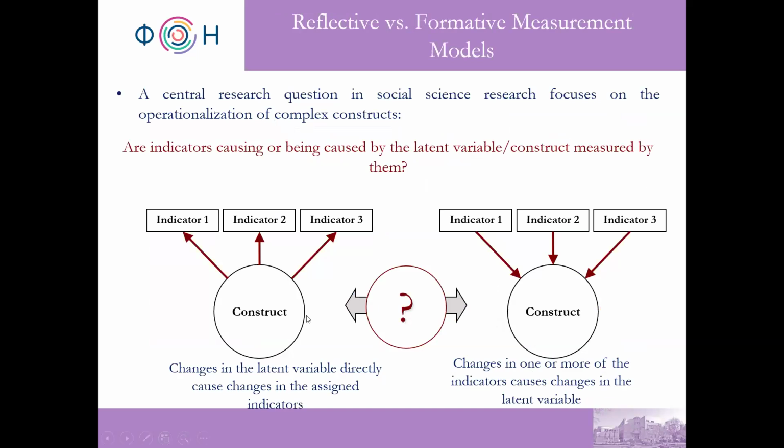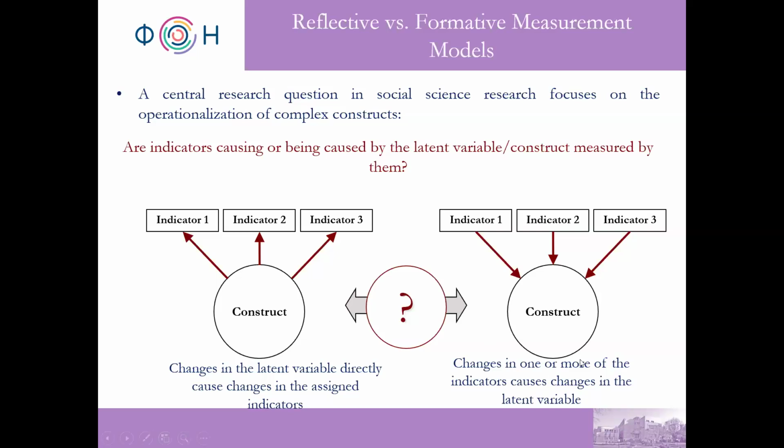We can see that there is a difference between the two. On the left part of the slide, we have a particular construct which has an impact on certain indicators. So changes in the latent variable directly cause changes in the assigned indicators. On the other hand, there is another situation where our indicators have an impact on our latent variable.